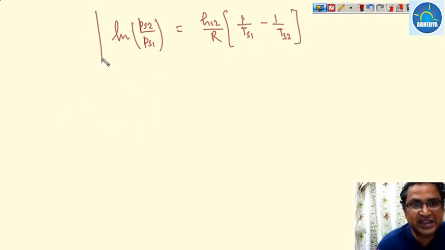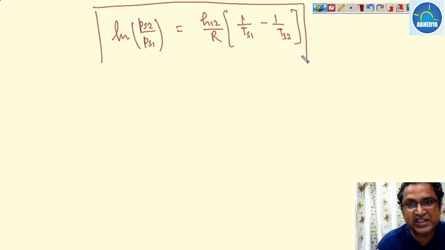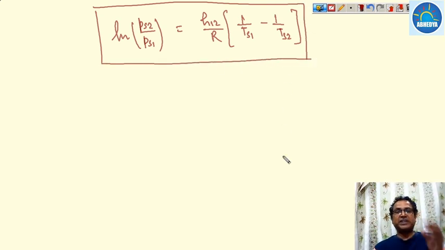This equation is known as the Clausius-Clapeyron equation, where the saturation pressures are related to the saturation temperatures.